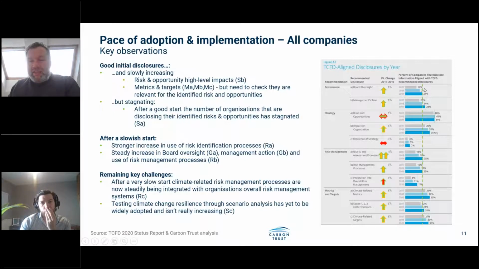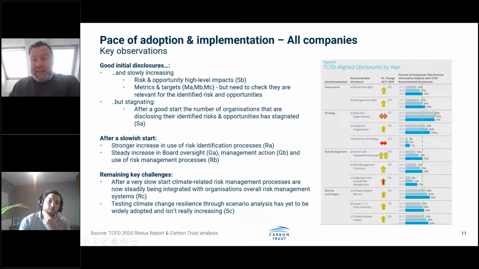So over time, this is the number of organizations, based on their survey, that are actually disclosing information associated with those questions. And I think it's worth drawing out some trends here. The first thing is that obviously there have been some good initial disclosures. In terms of the strategy questions, over time, more and more organizations are talking about the impact of climate change on their business.